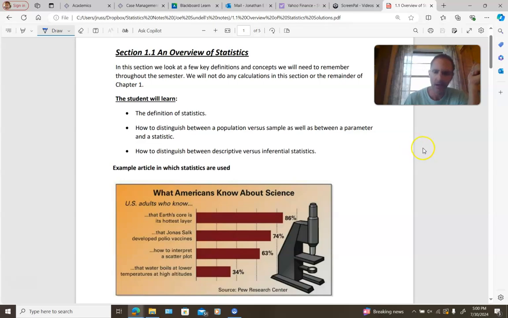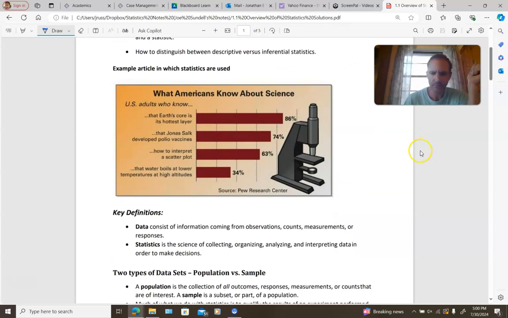Okay. All right, so I've got a graphic here. This is just an example article in which we actually see some statistics. Okay, so let's look at it. It says, what Americans know about science. So my guess would be that somebody conducted a poll, sampled a few individuals, and asked them some of these questions.